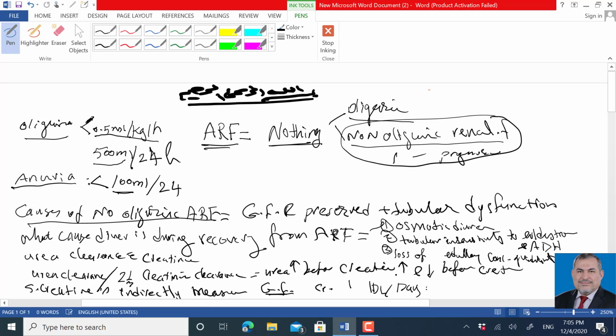So serum creatinine cannot be used to adjust doses in acute renal failure.